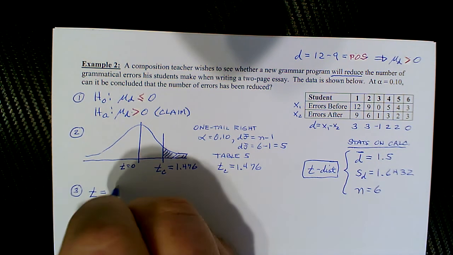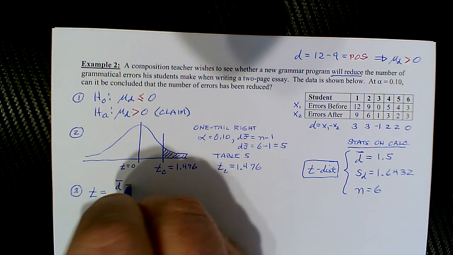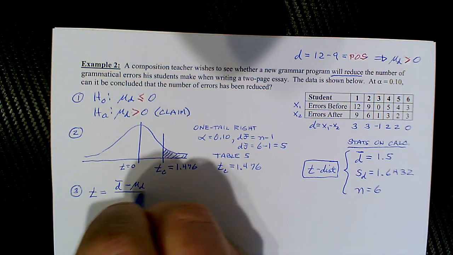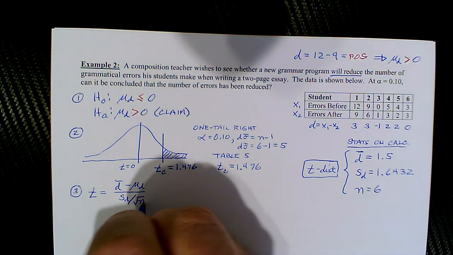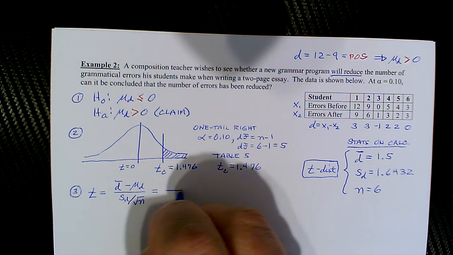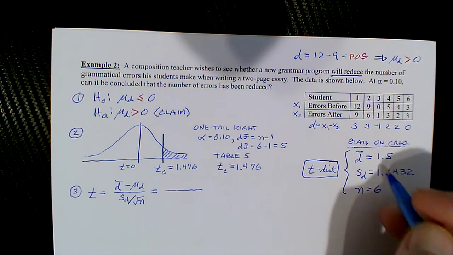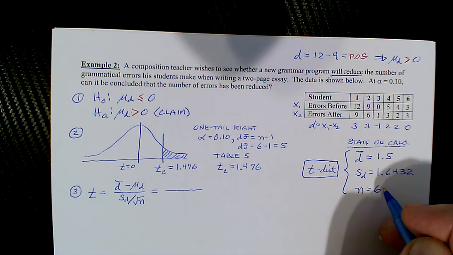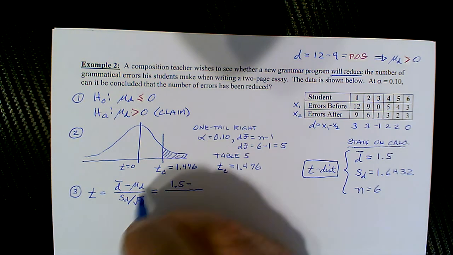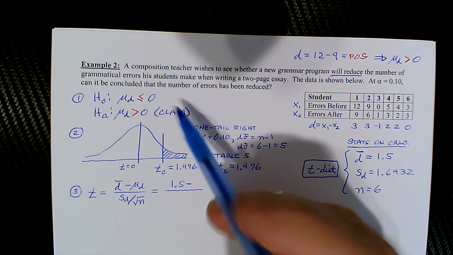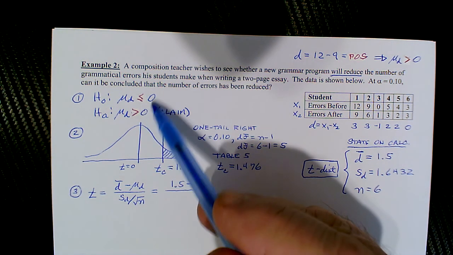So t is d bar minus mu sub d over s sub d divided by the square root of n. Okay, so from our calculations, d bar was 1.5, but then mu sub d, remember, is the hypothesized population mean of the differences, which has to do with H0 and HA, and it's always 0.